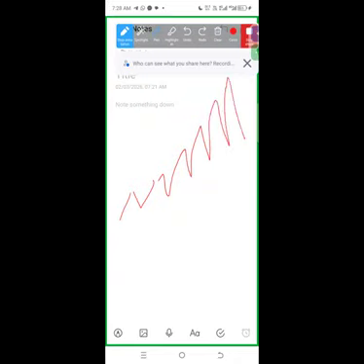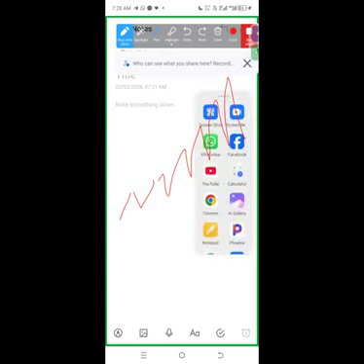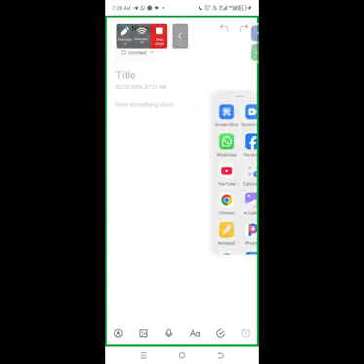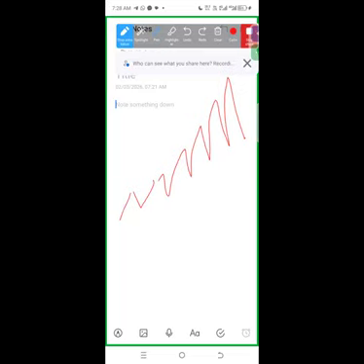Now, when you carefully look at this zigzag, let's assume I've drawn my supports here. Do you get it? Now, you can clearly see that this price here is higher than this one. And this one too goes up, it's higher than this one. This one is also higher than this one.